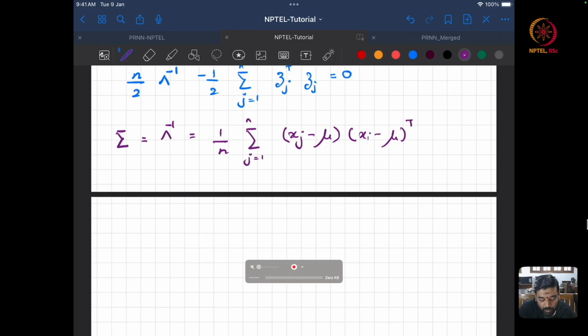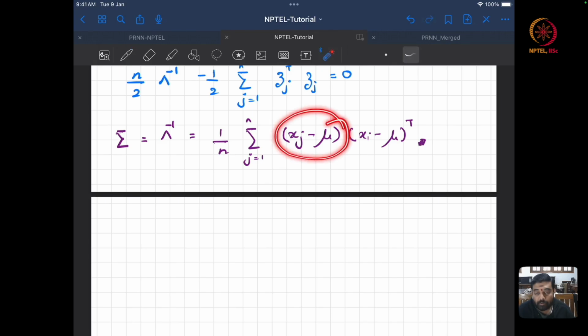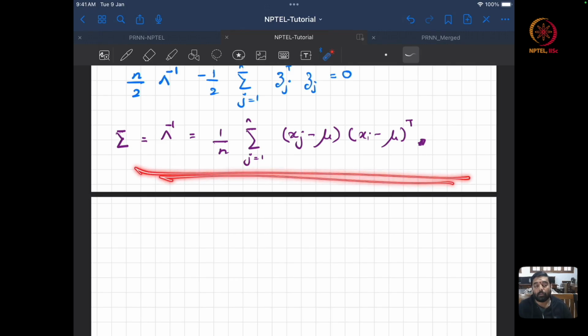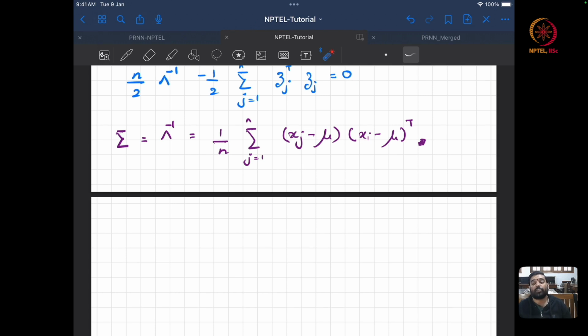Now when you took the one-dimensional case, it was the square of the difference between the considered data point and the mean of it. Okay, now in the multidimensional case, it has transformed into an outer product between the data vector and the mean vector. Okay, this is the overall derivation.